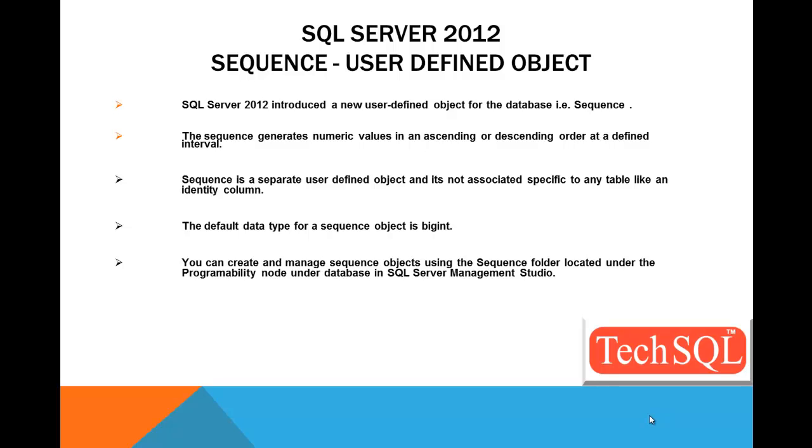Sequence can also be configured to cycle or restart when it reaches the max value. You can create and manage sequences through the programmability node under the database in SQL Server Management Studio.